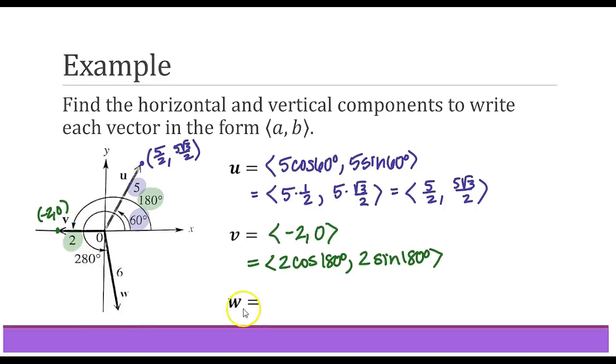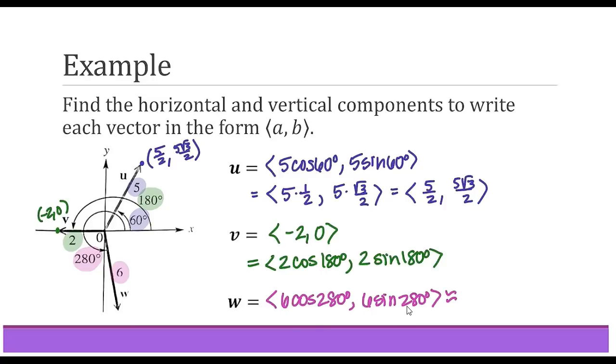And finally, for this last vector w, we have a magnitude of 6 and a direction angle of 280. So we'll go ahead and do 6 cosine of 280 degrees, 6 sine of 280 degrees, which are values we can't evaluate without a calculator.